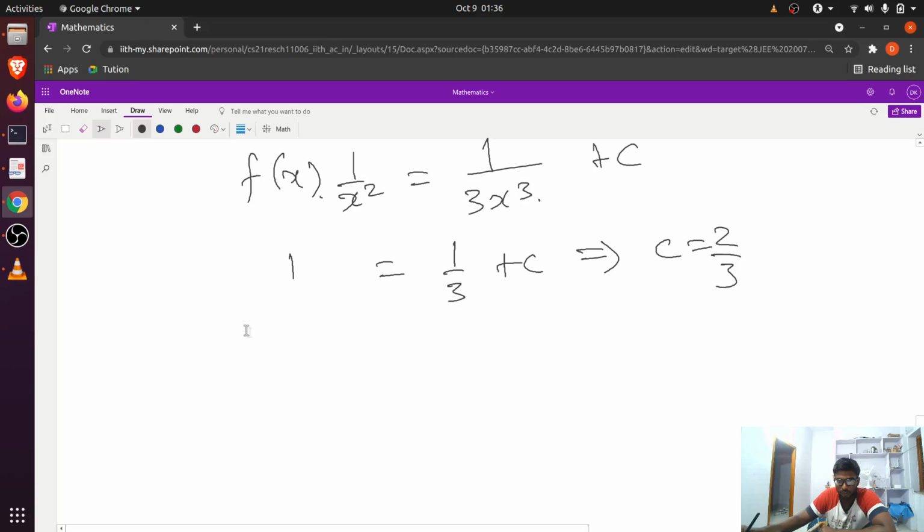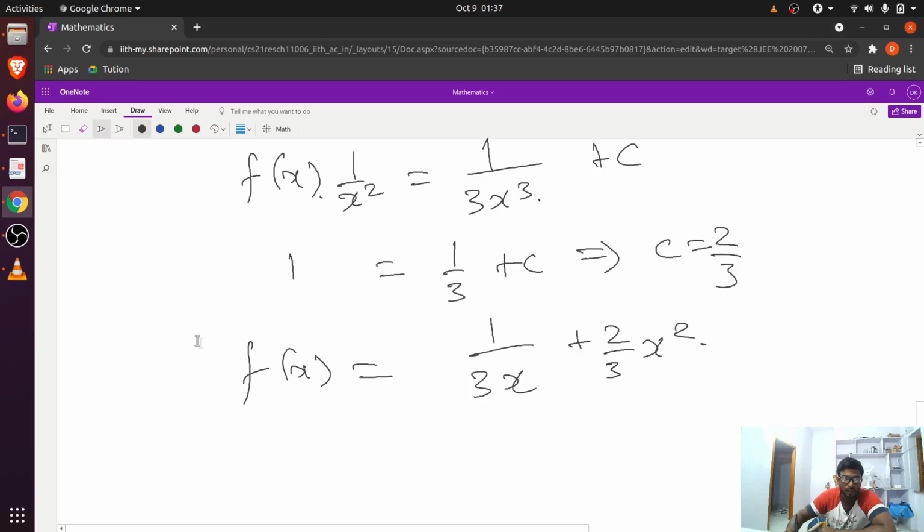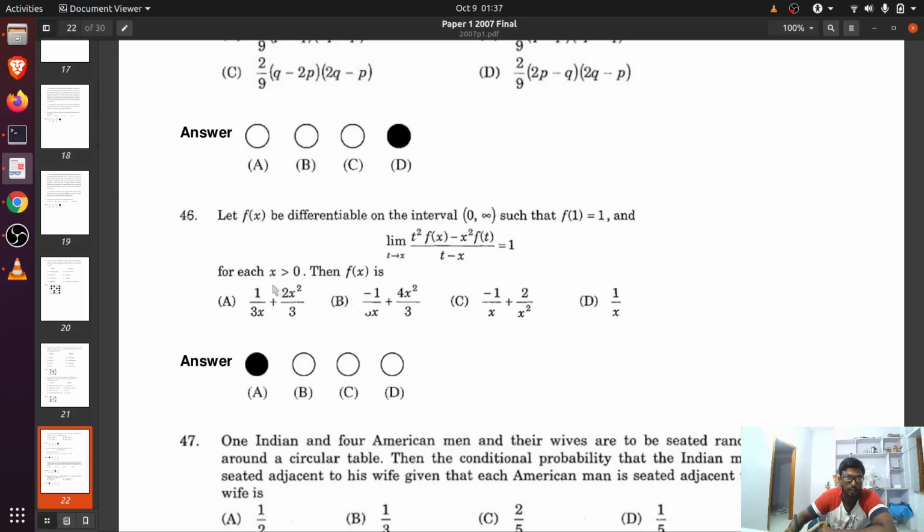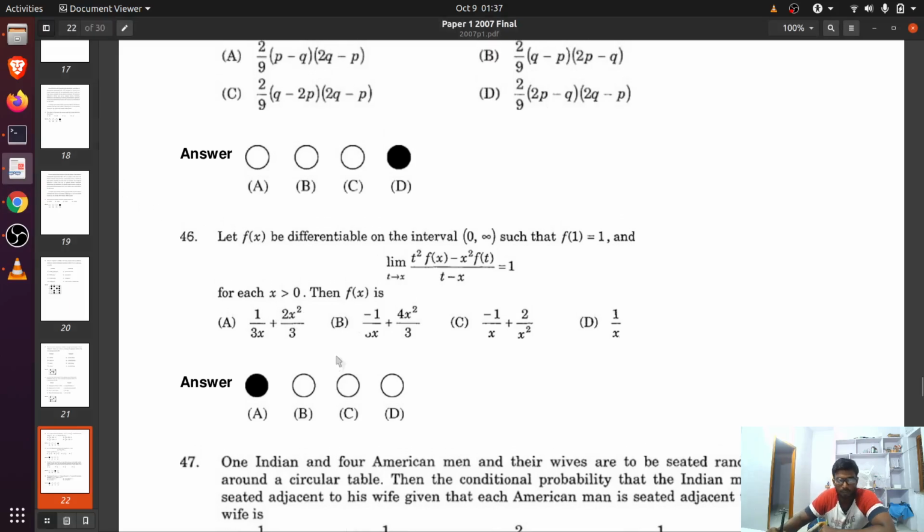So from this we can write f of x, just multiplying by x square on both sides, f of x equals x plus 2 by 3 x square, and that is the solution.